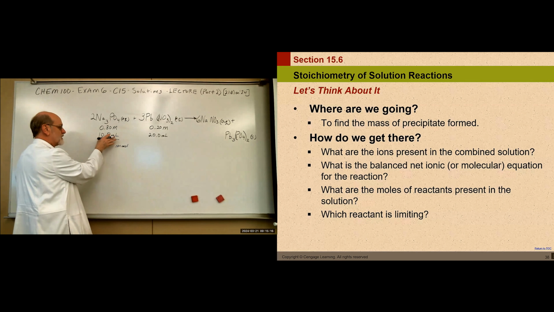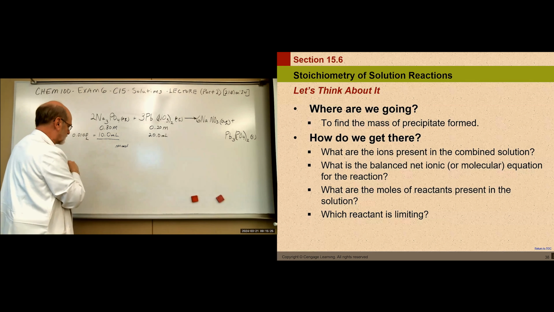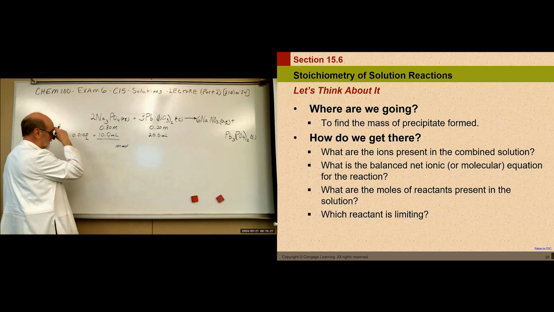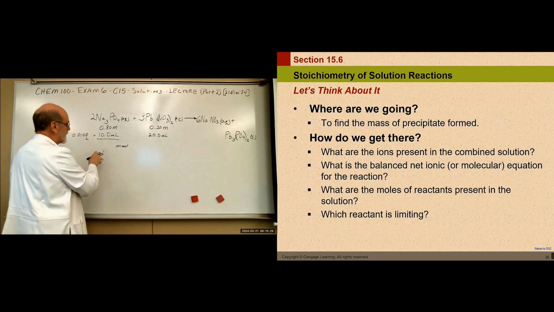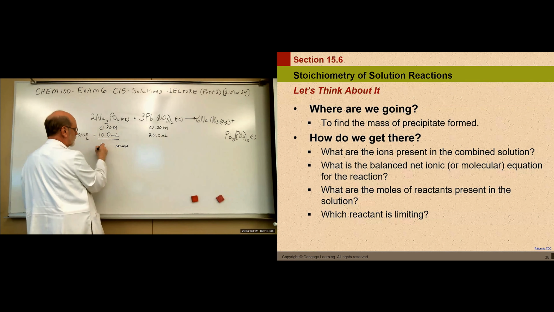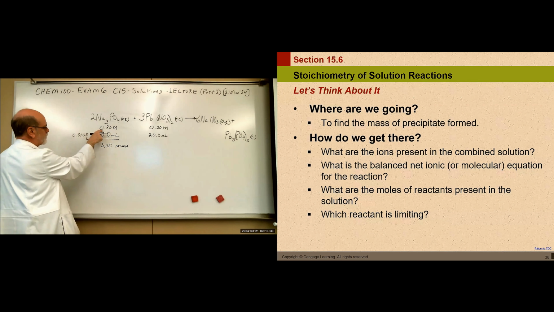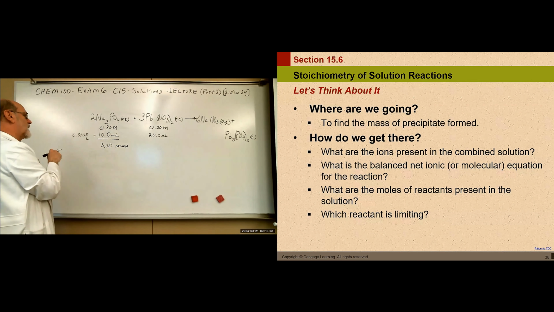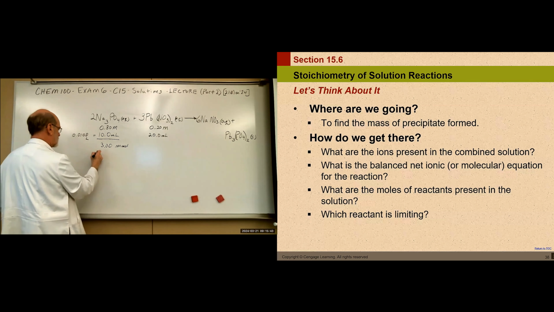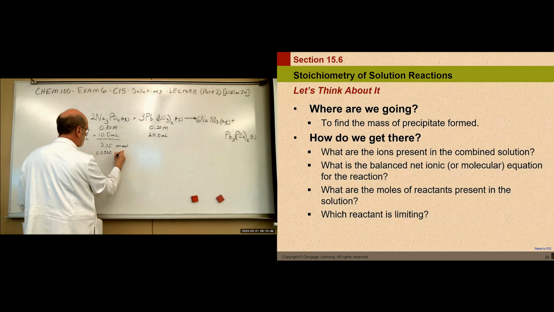So if we convert this to liters, 3 places, 0.0100 liters. If we calculate millimoles, 10 times that would be 3.00 millimoles. Or if we multiply this one times 0.3, we would get 0.0300 moles.